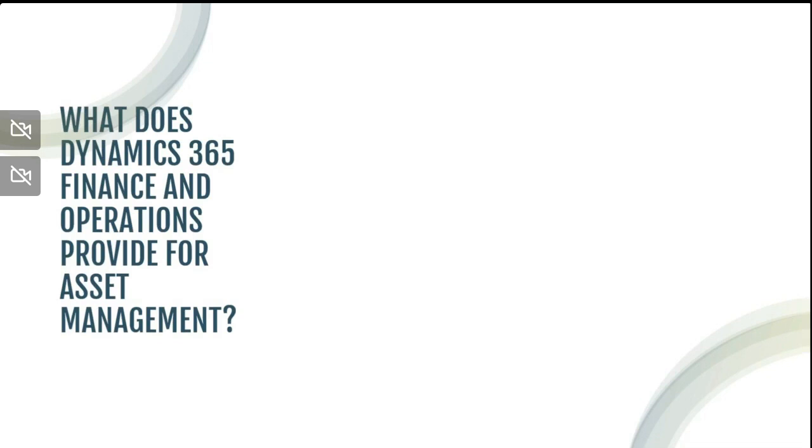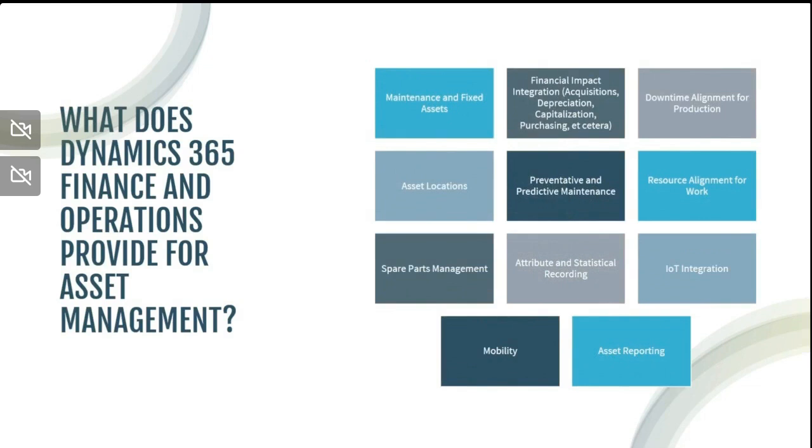Now, on the finance and operations side, so on the big enterprise side of this, when we talk about asset management, we typically talk about what we call enterprise asset management. In enterprise asset management, we're maintaining, for example, both maintenance and fixed assets inside of the environment. We're trying to track the financial impact from acquisitions and depreciation to capitalization, and then even to purchasing, right, for spare parts, and then also for break-fix work order requisitions that we may need.